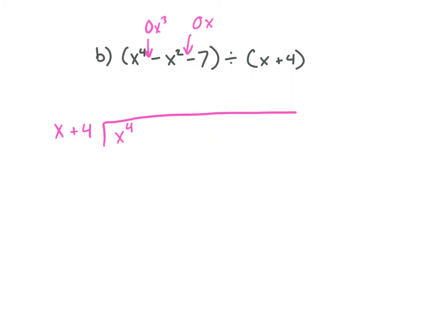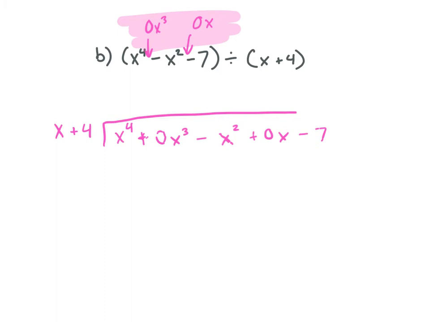So we have 4x to the 4th plus 0x cubed minus x squared plus 0x minus 7. So super important, cannot forget these. You will get the answer wrong if you don't put these in. So got to make sure you have every degree. So if you start with 4, you need 3, 2, 1, and your constant. If you start with 3, you need 3, 2, 1, and your constant.